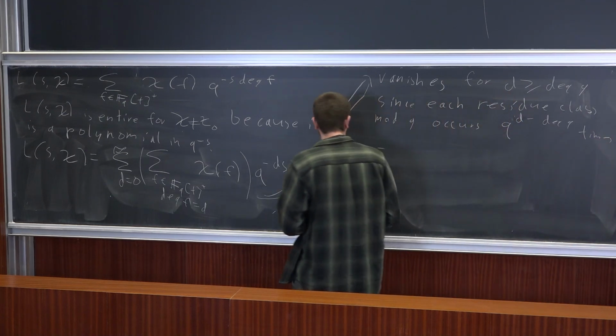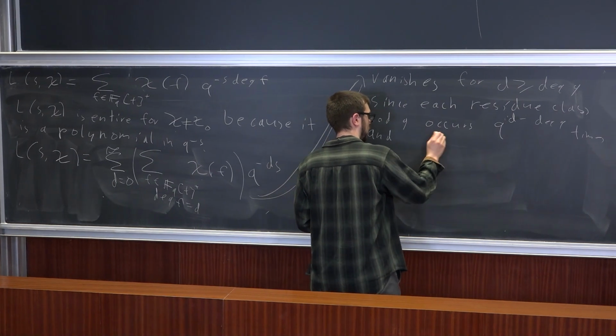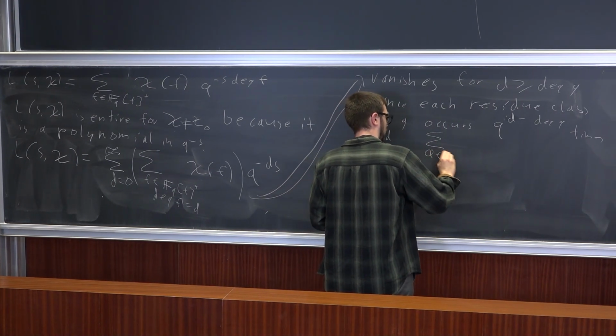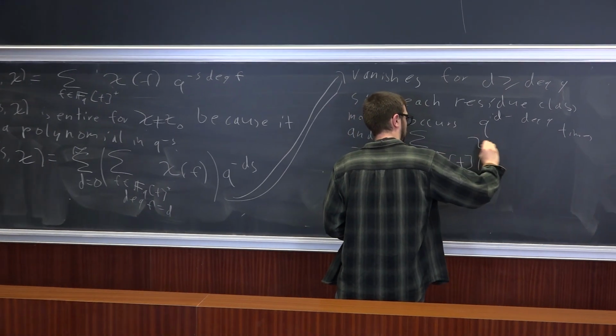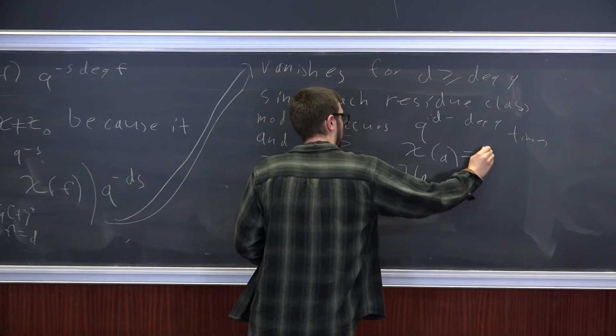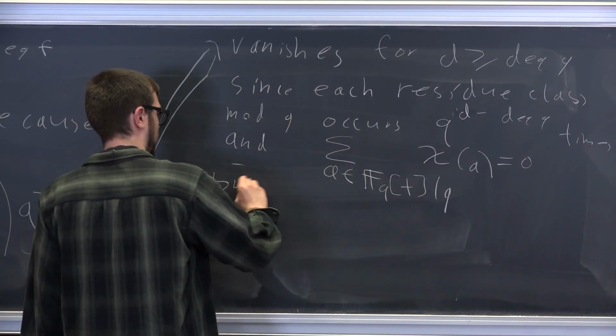And the sum over residue classes vanishes by orthogonality of characters.